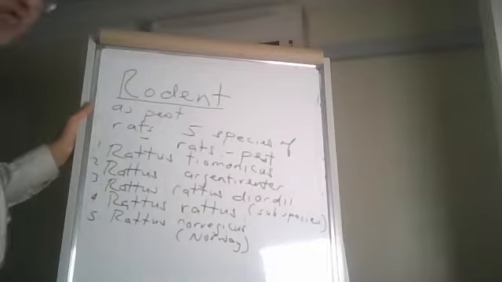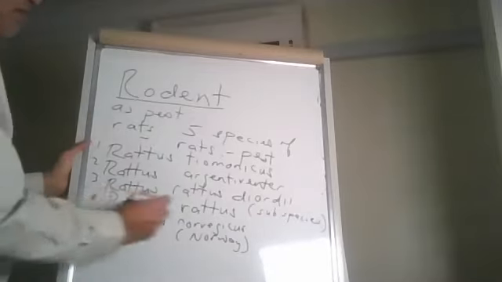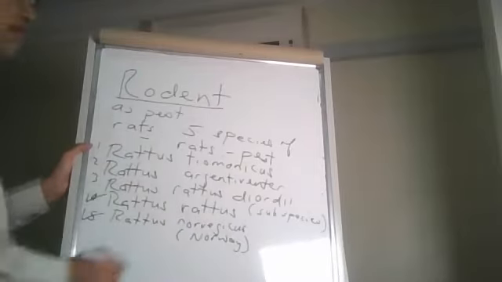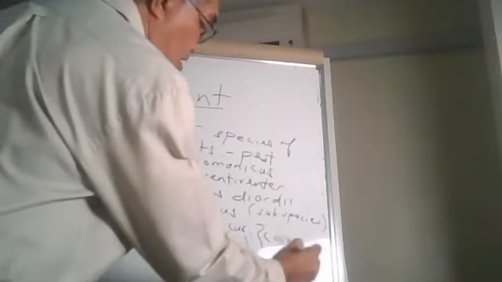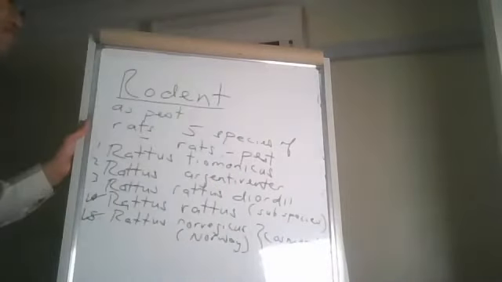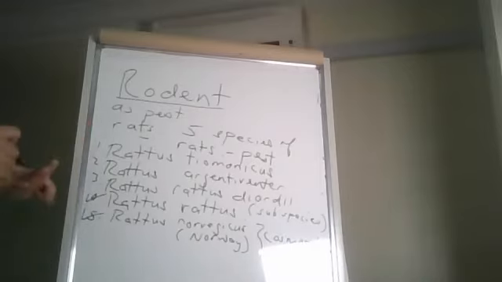But that does not mean that this rat actually comes from Norway, because number 4 and number 5, they are cosmopolitan. What is cosmopolitan? Cosmopolitan means around the world. You can find these 2 particular species everywhere on the globe, wherever you go.